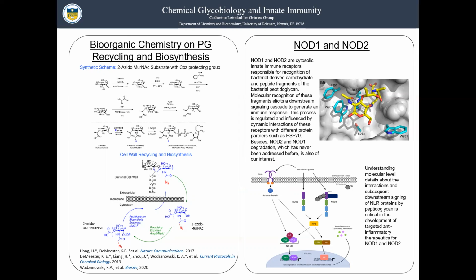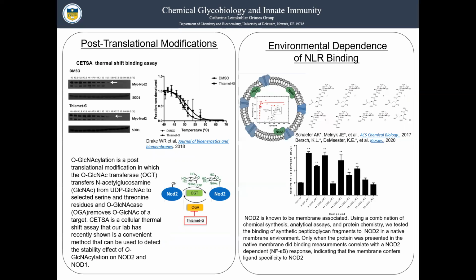Besides, NOD2 and NOD1 degradation, which has never been addressed before, is also of our interest. Understanding molecular level details about the interactions and subsequent downstream signaling of these NOD-like receptor proteins by peptidoglycan is critical in the development of targeted anti-inflammatory therapeutics for NOD1 and NOD2.